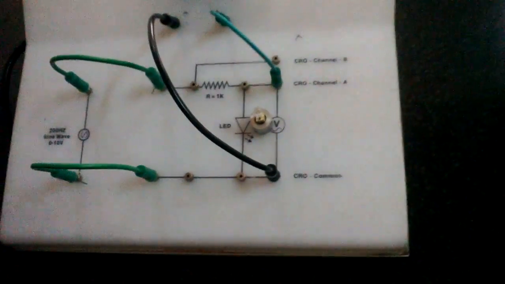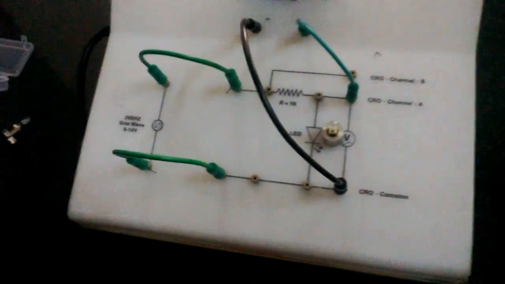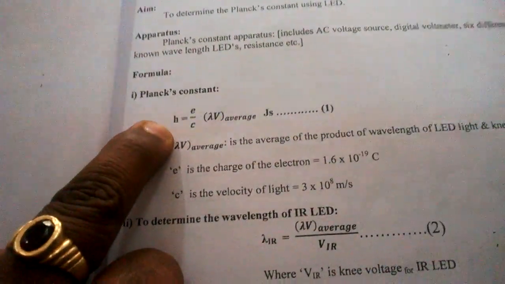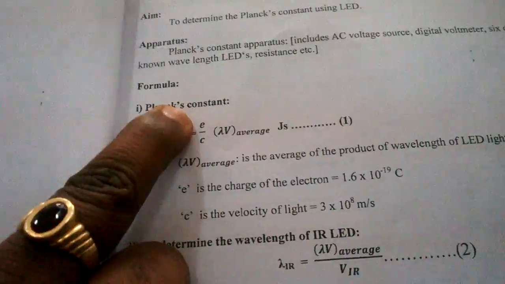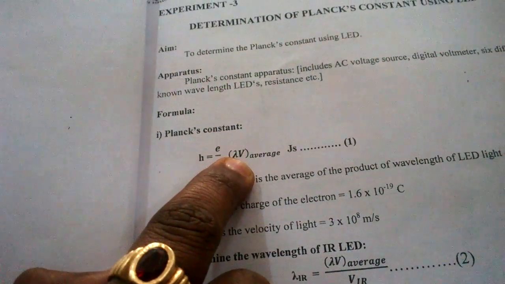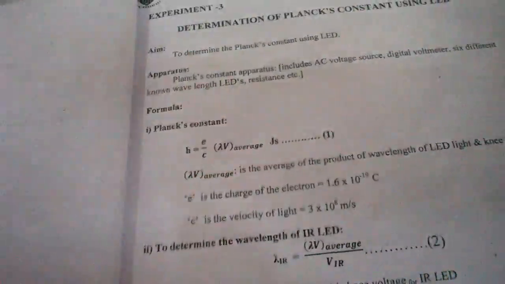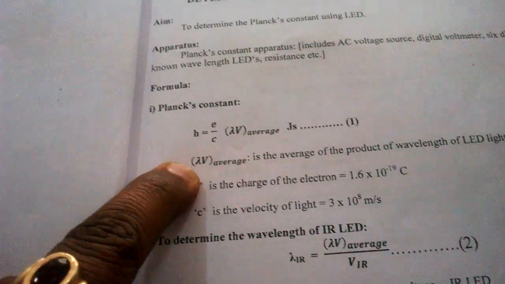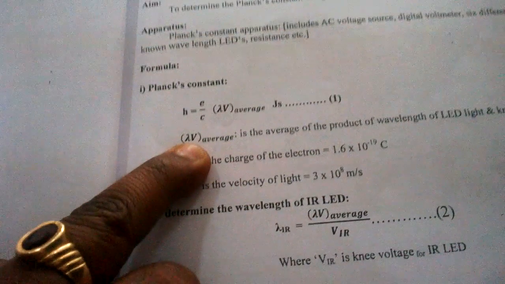Show me the tabular column. So, to calculate Planck's constant, this is the formula: h = (e / c) times lambda V average. So what is lambda V? Lambda is the wavelength of the light, and V is the knee voltage.